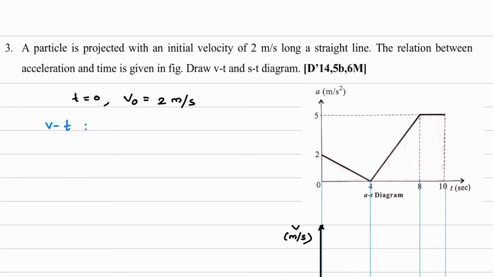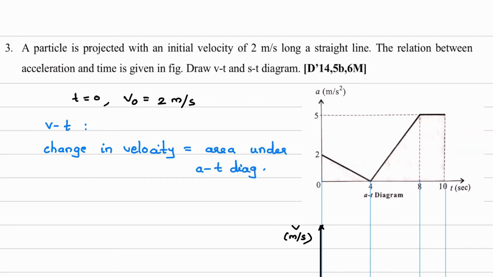What is the area under this one? AT diagram. Area under AT diagram is change in velocity. Okay, so we have to calculate areas in order to calculate change in velocity. So I'll write down that statement. Change in velocity is equal to area under AT diagram.